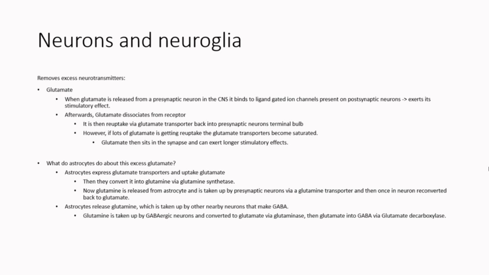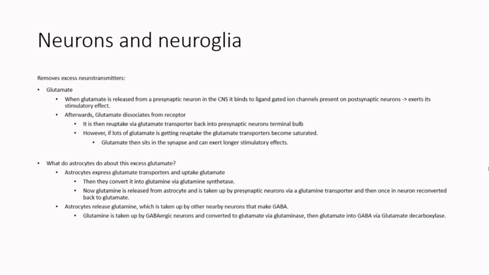Then another function of astrocytes is removing excess neurotransmitters. So glutamate, as we know, is the most common excitatory neurotransmitter, and it is released from the presynaptic neuron. It will bind to these ligand-gated ion channels on the postsynaptic neurons, and it will have its stimulatory effect.